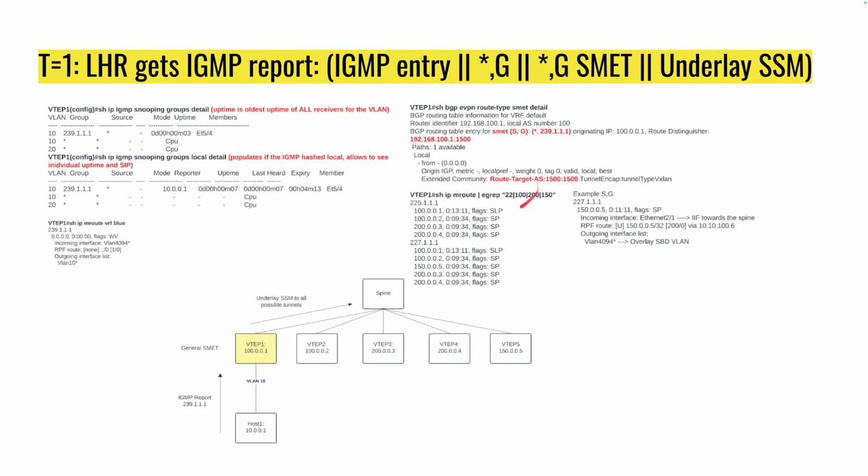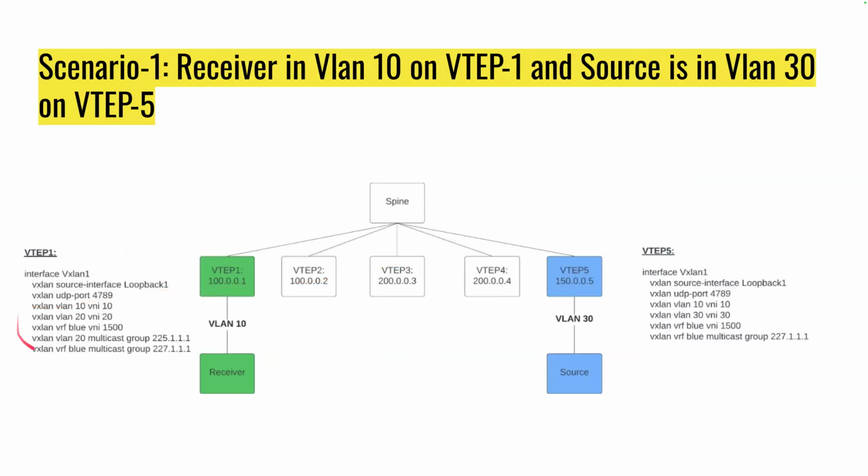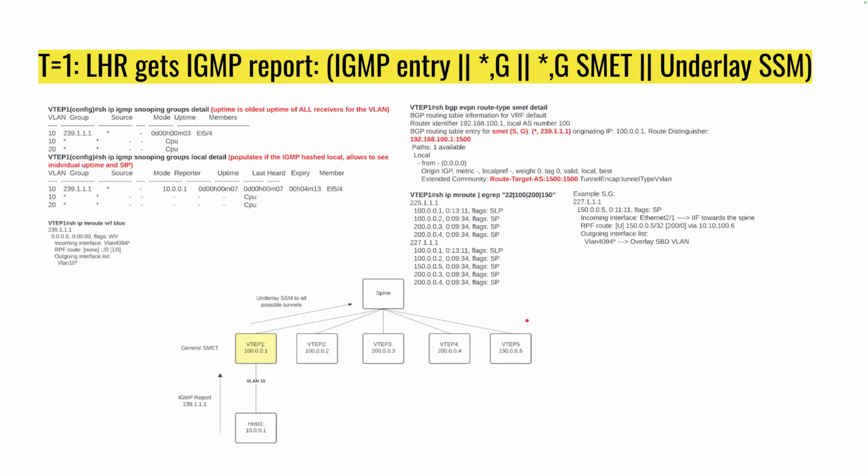right? So for us, let's look at this group for now, which is 227.111, which is configured per VRF on all the VTEPs, VTEP 1 to VTEP 5, right?